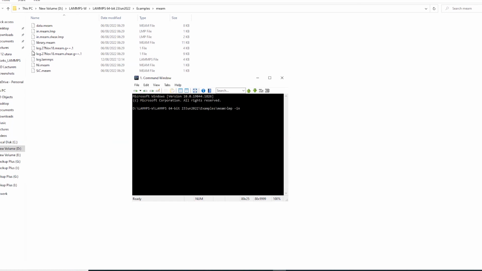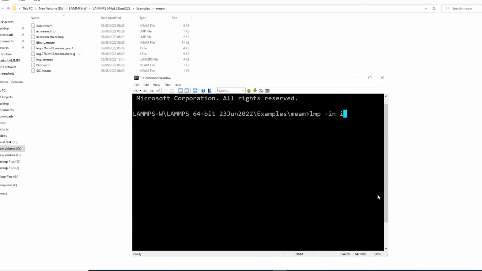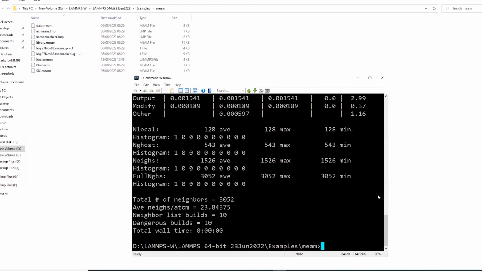Suppose my input file name is in.meam. So LMP -in in.meam, and this will run like this. It's a very simple input file.